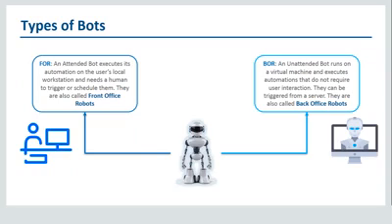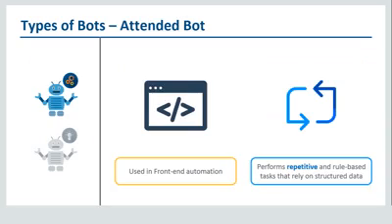It could be here where humans are sitting, or it could be inside a server room among a lot of other machines. That is the reason it is called a back office robot, because you don't need human intervention to run this particular process. All right. So these are the two types of bots which exist inside RPA, and we'll learn about them in more detail as we move along with these sessions.